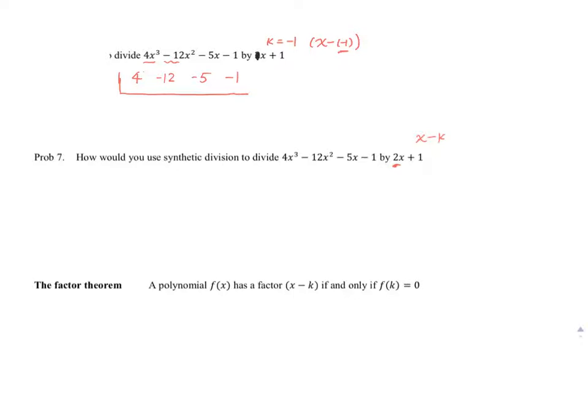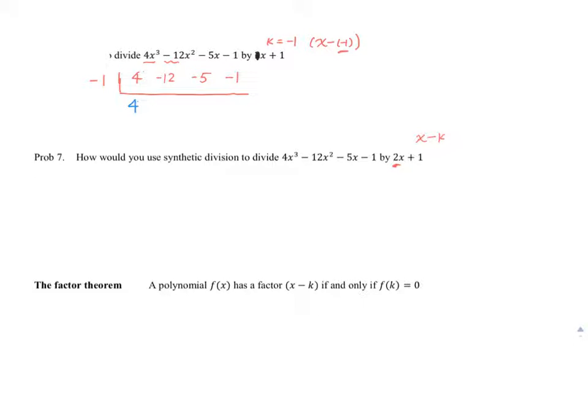So when you read, this is the constant term, this is the coefficient for the first degree term, the coefficient for the second degree term, and for the third degree term. And you divide by k, which is -1, so I'm going to write my k here, -1. The first step is you just move down the 4, okay?